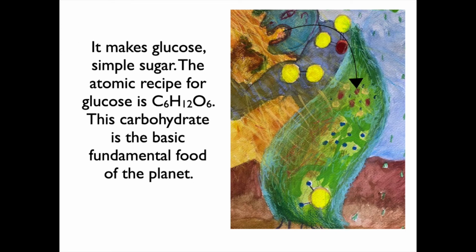It makes glucose, a simple sugar. The atomic recipe for glucose is C6H12O6. This carbohydrate is the basic fundamental food of the planet.